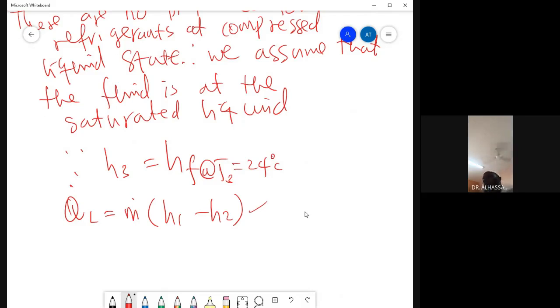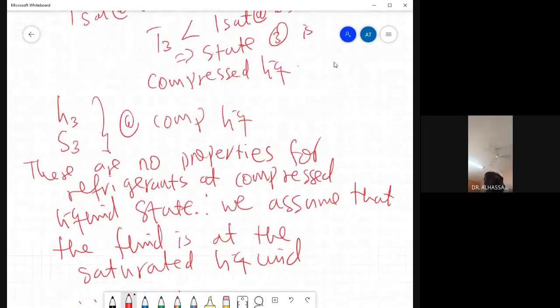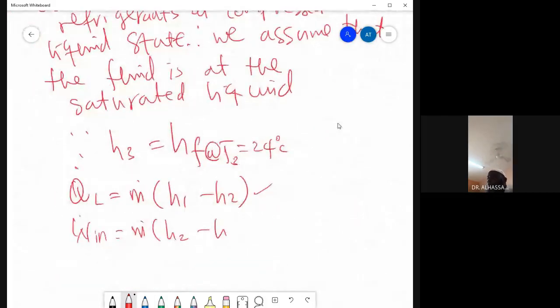Very easy. Similarly, we have to determine W in equals mass flow rate times H2 minus H1. Oh, sorry, I'm very sorry. This is supposed to be H1 minus H4.